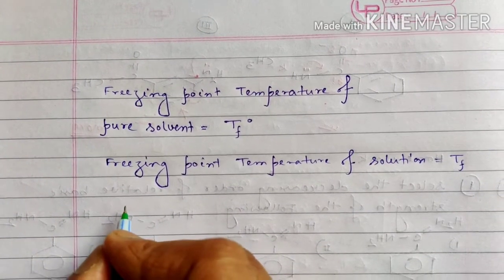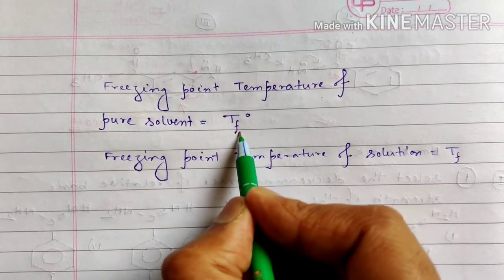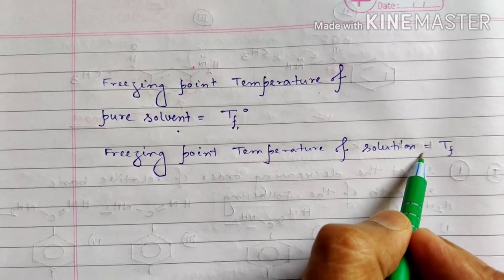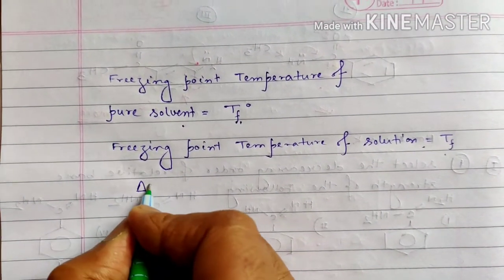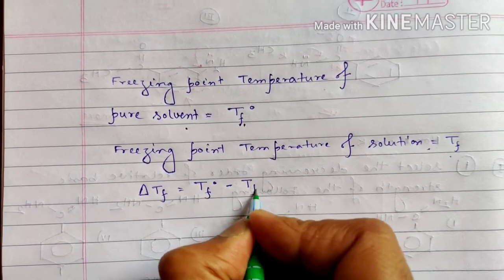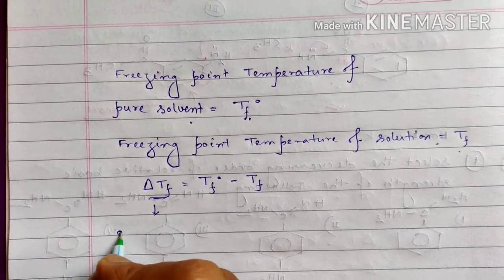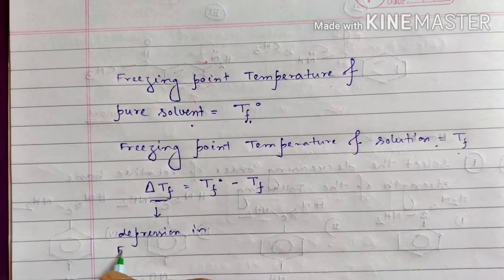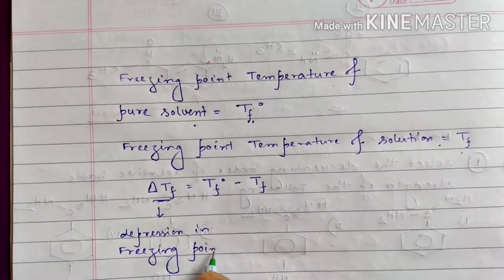So we have seen from the graph that it is the TF naught, this one. For pure solvent it will always be greater, and the freezing point temperature of solution will be a little bit lesser. So if that is delta TF, then we should be able to write TF0 minus TF, and this amount we can consider the depression in freezing point.